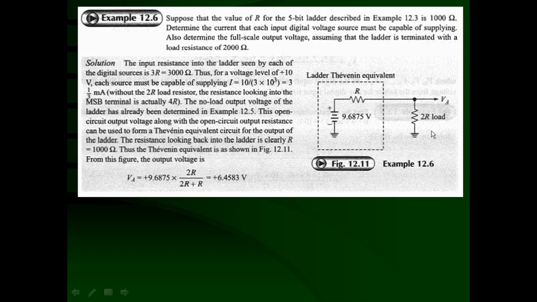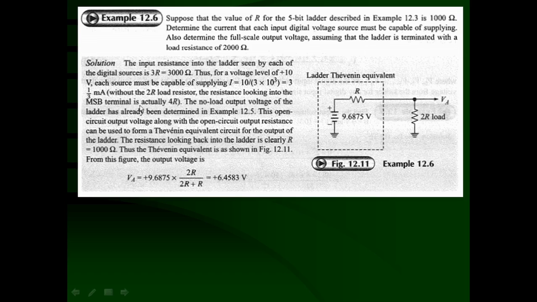Voltage divided by the total resistance. So voltage divided by R plus 2R, that is 3R, and R is equal to 1000, so 3000. So we can say that I is equal to 10 upon 3 into 10 raised to 3, that is 1 upon 3 milliampere current without the 2R load resistors.